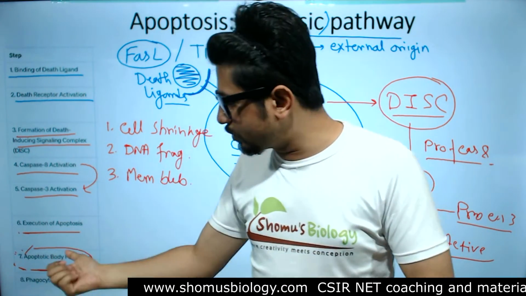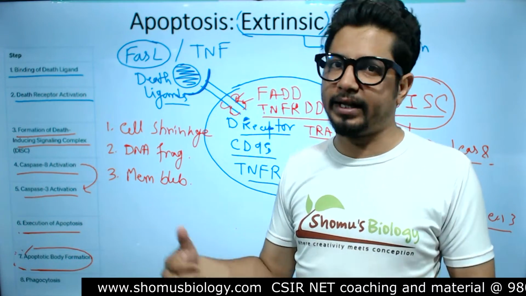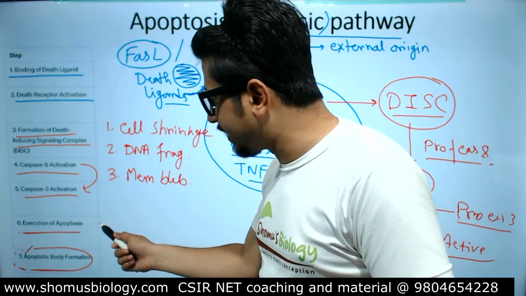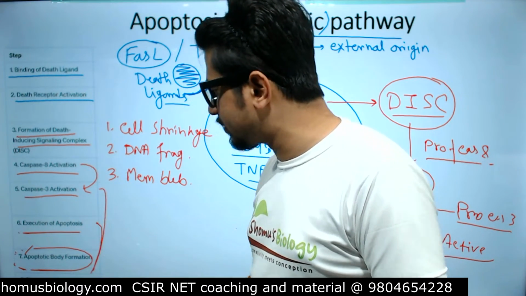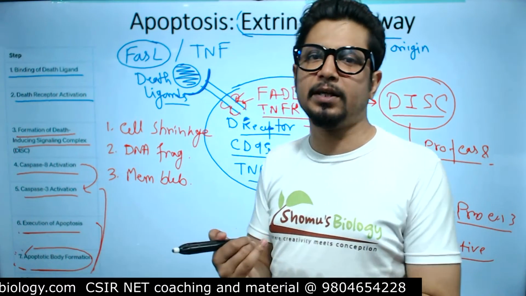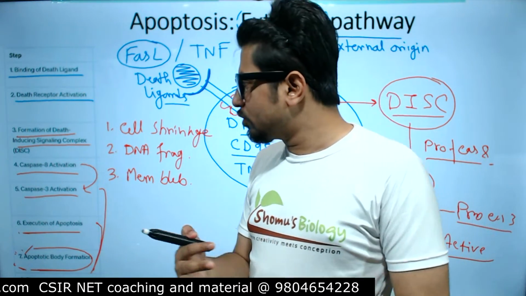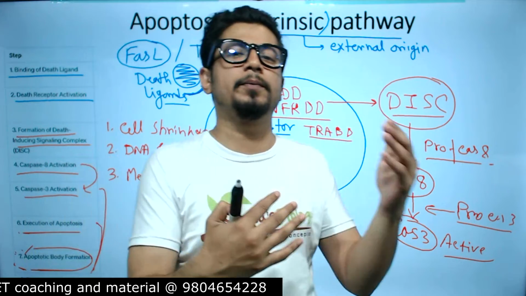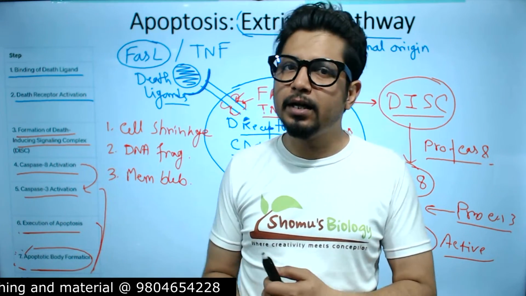That is true for both the intrinsic and extrinsic pathways. For both pathways, the process is the same. So steps 5 to 8 are common between the intrinsic and extrinsic pathways. The only difference is how the process of apoptosis is initiated. The rest are very similar.